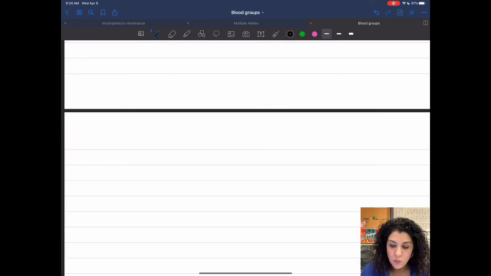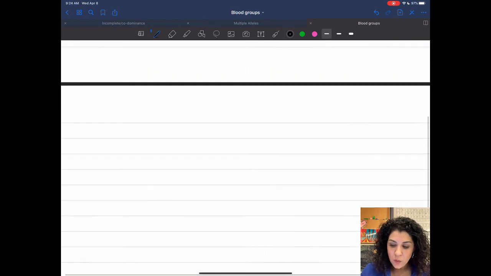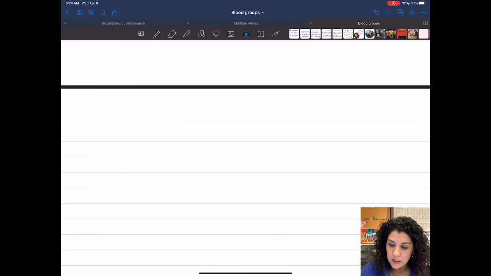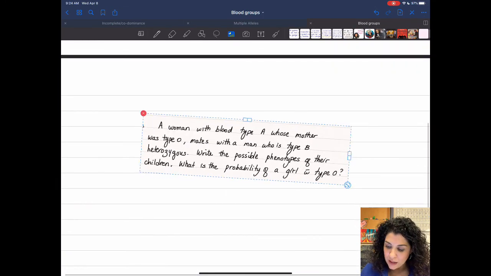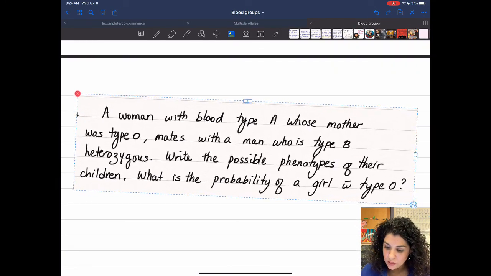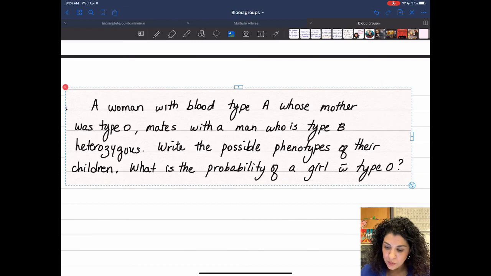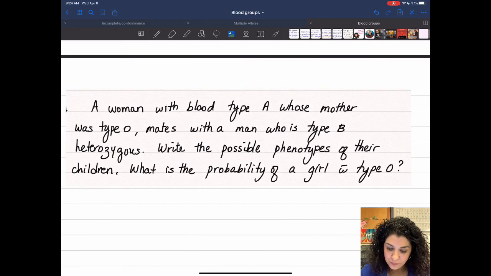So let's take a look at what a problem with blood groups might look like. So we're going to have a woman with blood type A, whose mother was type O, mates with a man who is type B, heterozygous.